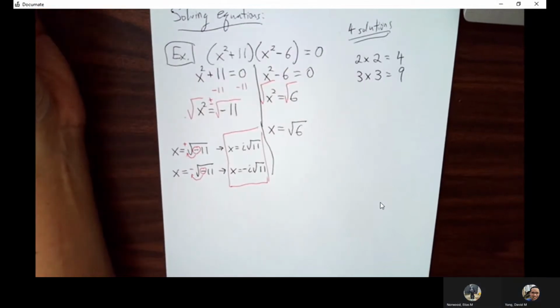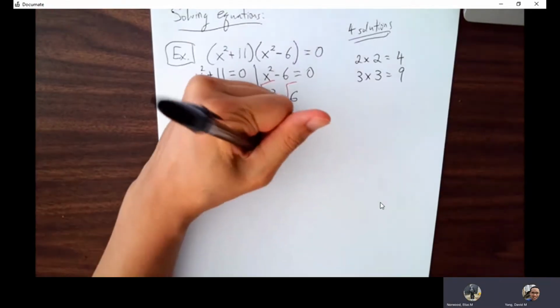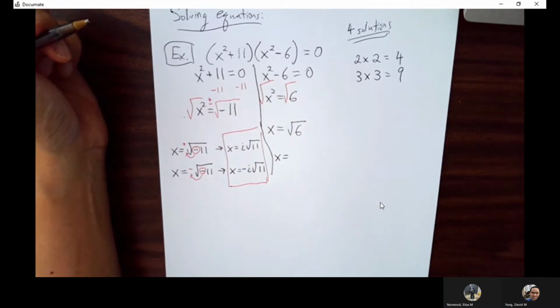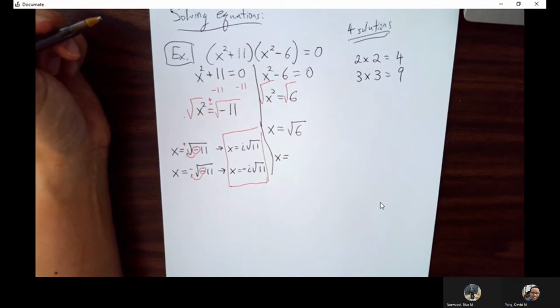So x equals square root of -6. No, not negative. Well, okay. Yeah, actually, there is a negative, but where's the negative going to go? It's -6.